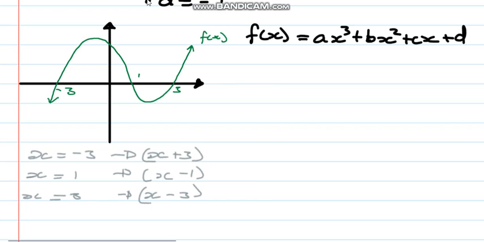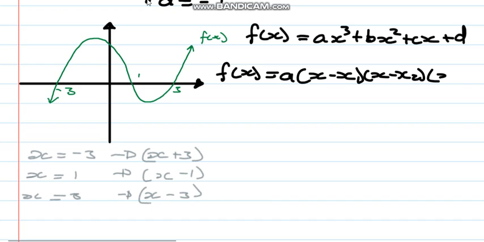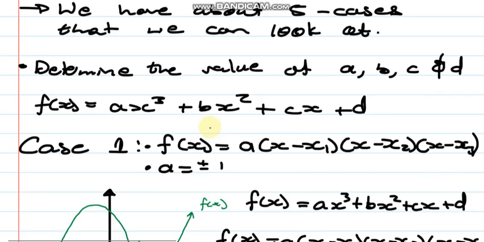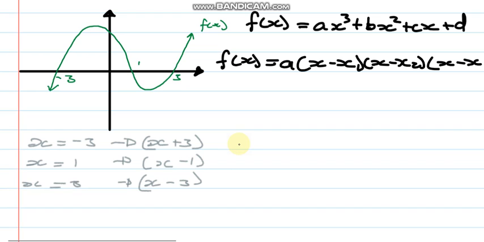We also know that this can be written in the form a(x minus x1)(x minus x2)(x minus x3). My apologies for that jump. That would be 3 over there.